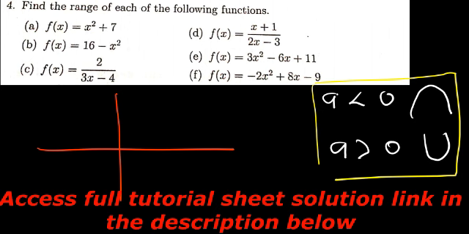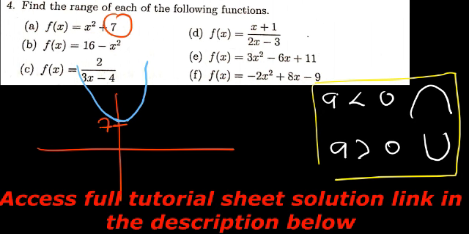The number that doesn't have x in this case is 7. So maybe 7 is here. This graph has to cut somewhere like this. It will cut on 7. It goes like that. Okay?